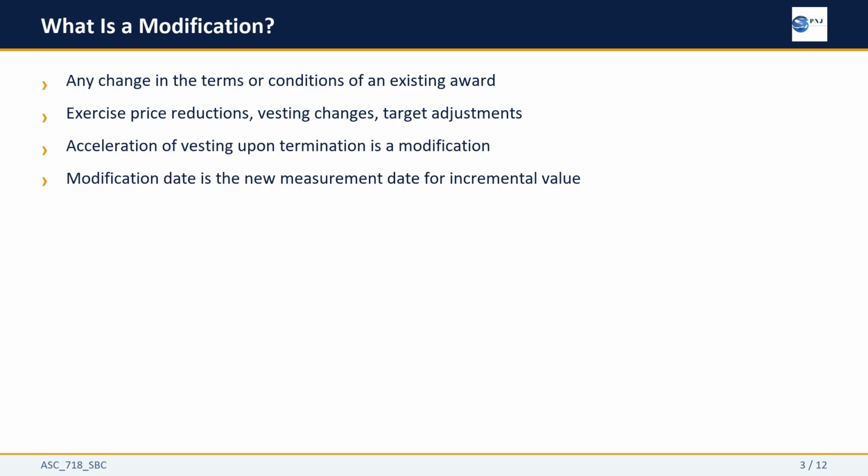Even accelerating vesting upon termination, which companies do regularly in severance negotiations, is a modification. The modification date becomes the new measurement date. Both the original award and the modified award are measured at fair value on that date, and the difference is the incremental value that drives additional expense.